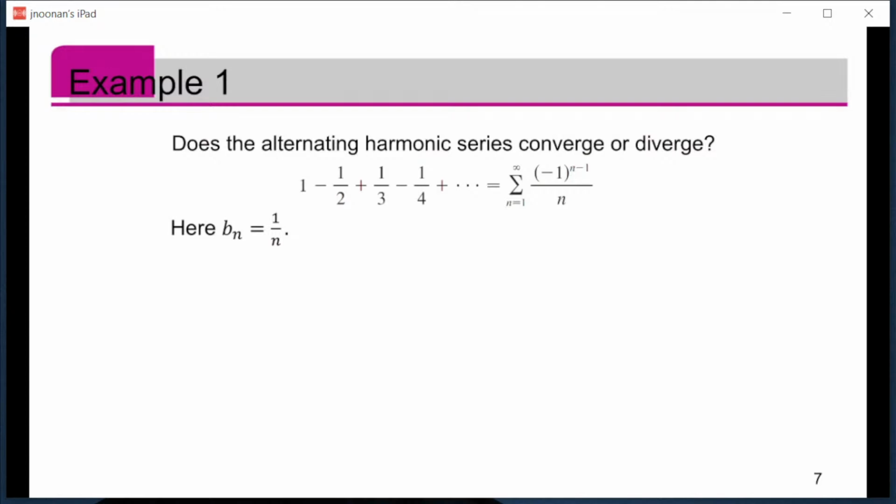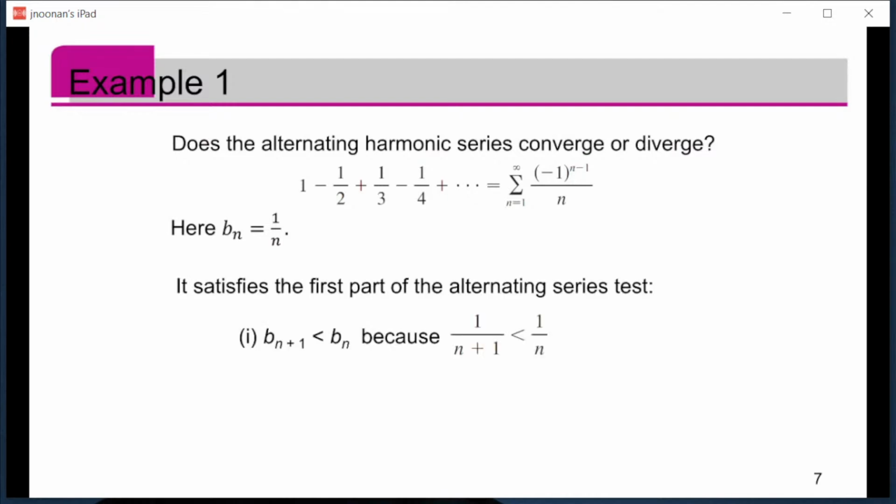So the first thing you need to check is, do the numbers get smaller? Is 1/3 smaller than 1/2? Is 1/4 smaller than 1/3? Will that always be the case? To make sure, I ask myself, is 1 over n plus 1 always going to be less than 1 over n?